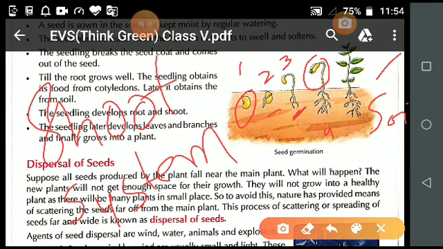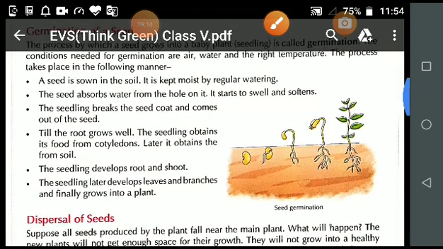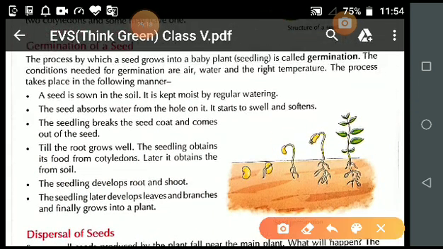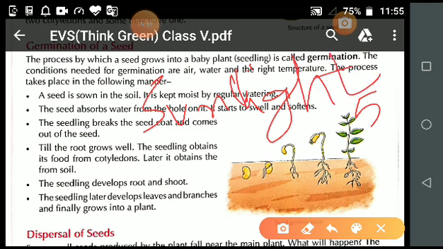If you observe picture number 5, in the first 4 pictures, here is a seed, in the second picture the first root comes out, in the third picture a little more growth, and in the fourth picture it bursts open and very little leaves come out from the seed coat in search of sunlight.